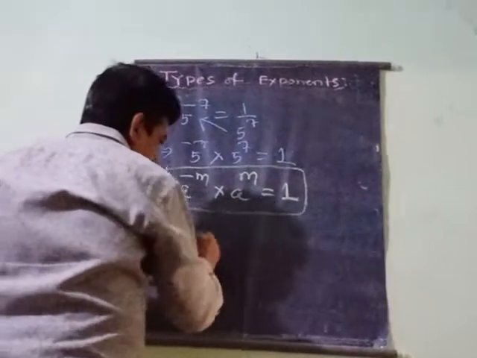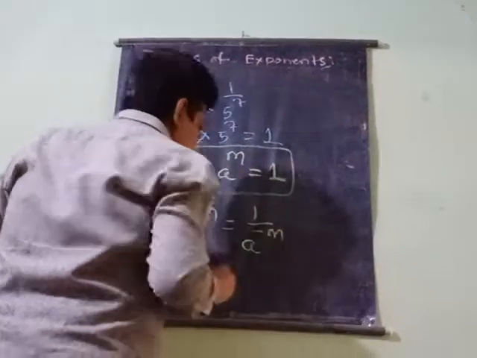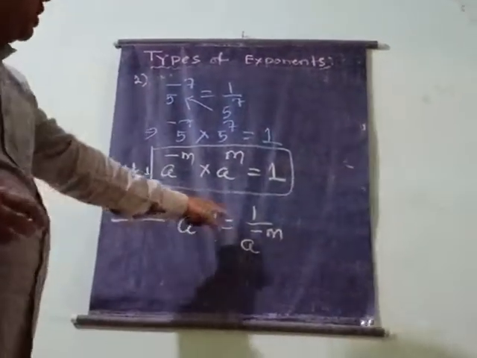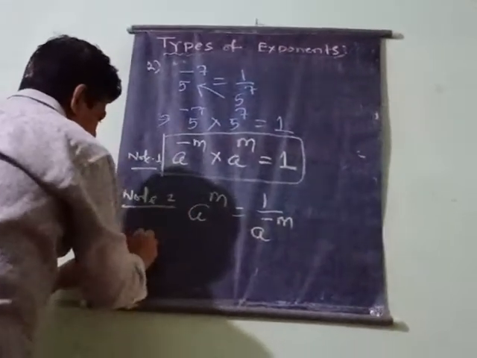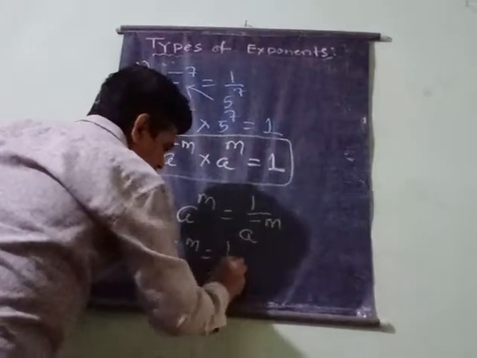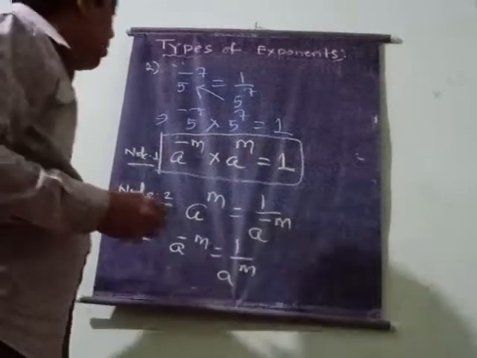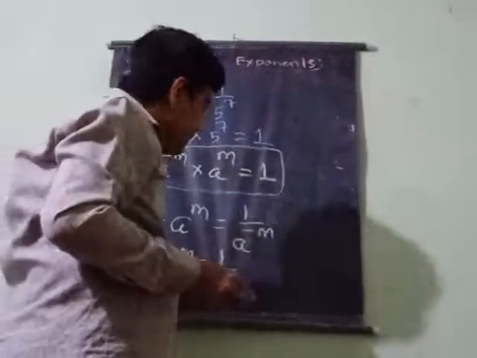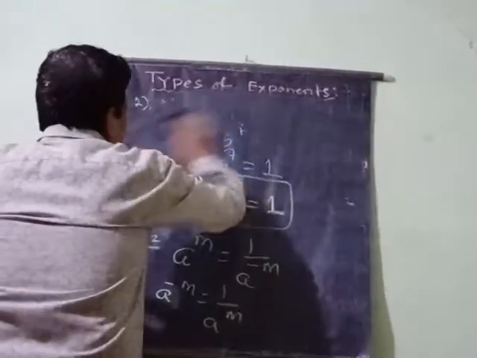So you got now a to the power m is equal to 1 upon a to the power minus m. Reciprocal of positive exponent is a negative exponent. Here note 3, a to the power minus m is 1 divided by a to the power m. Is it clear, everybody? This is the conclusion you are getting from the definition of negative exponent. Understand? Once again, is it clear?